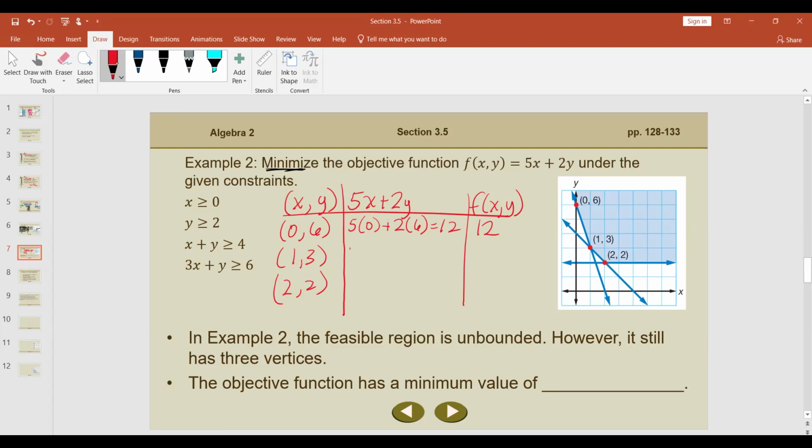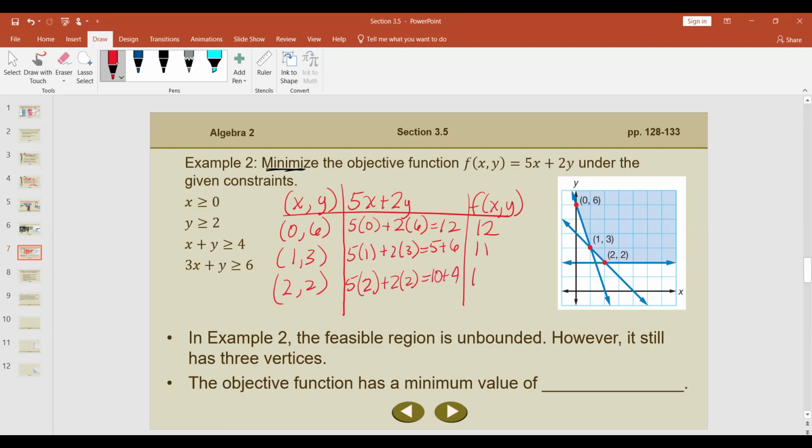And then I put in 1 and 3. I've got 5 times 1 plus 2 times 3. This is 5 plus 6. So that gives me 11. So already that one's less than the first one. So I know the first one's out. Now let's plug in the last one and see what we get. 5 times 2 plus 2 times 2 gives me 10 plus 4.